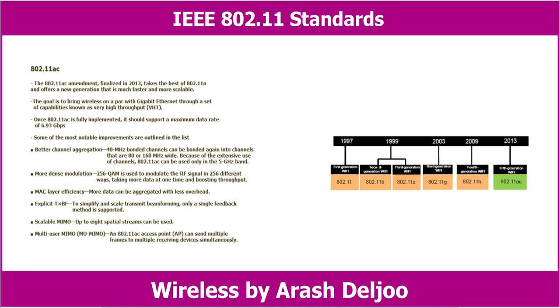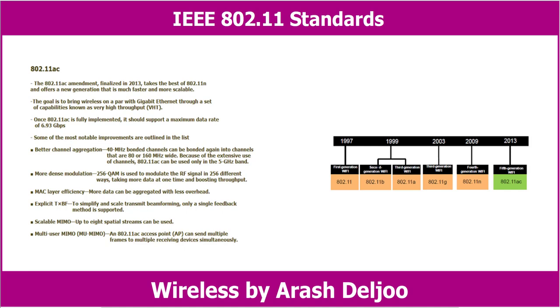The goal is to bring wireless on a par with gigabit Ethernet through a set of capabilities known as very high throughput or VHT. Once 802.11ac is fully implemented, it should support a maximum data rate of 6.93 gigabits per second.